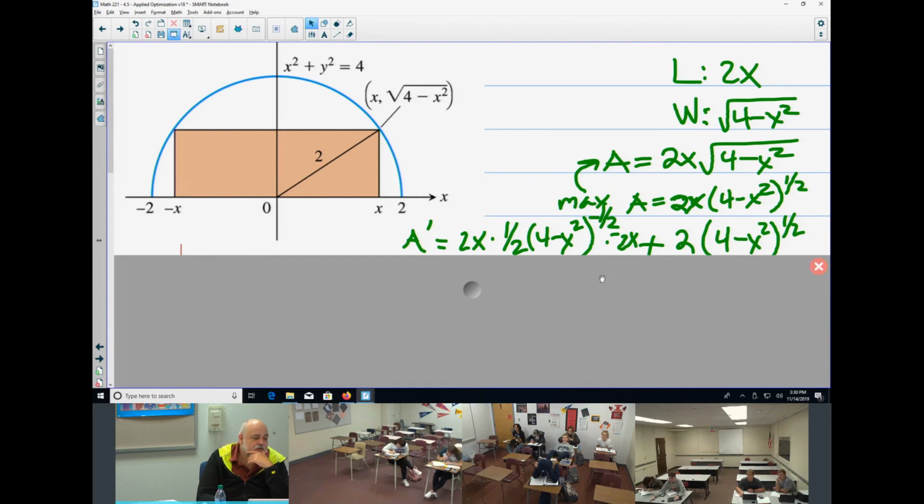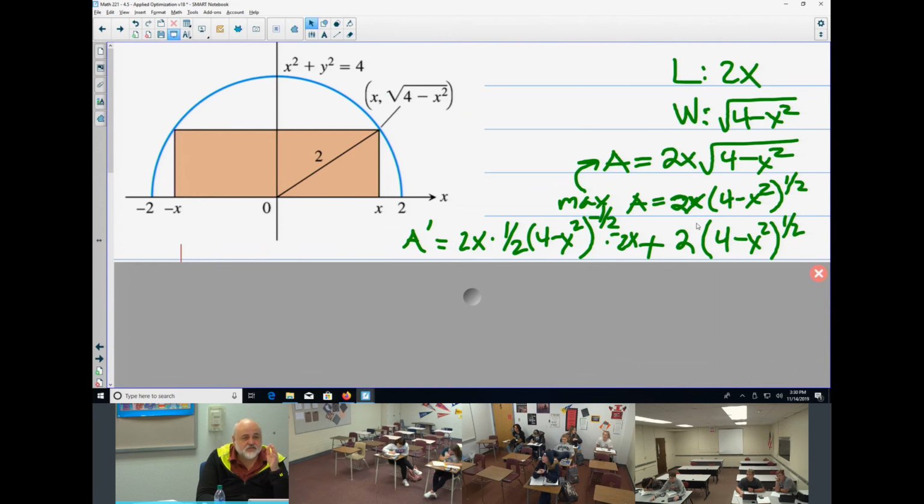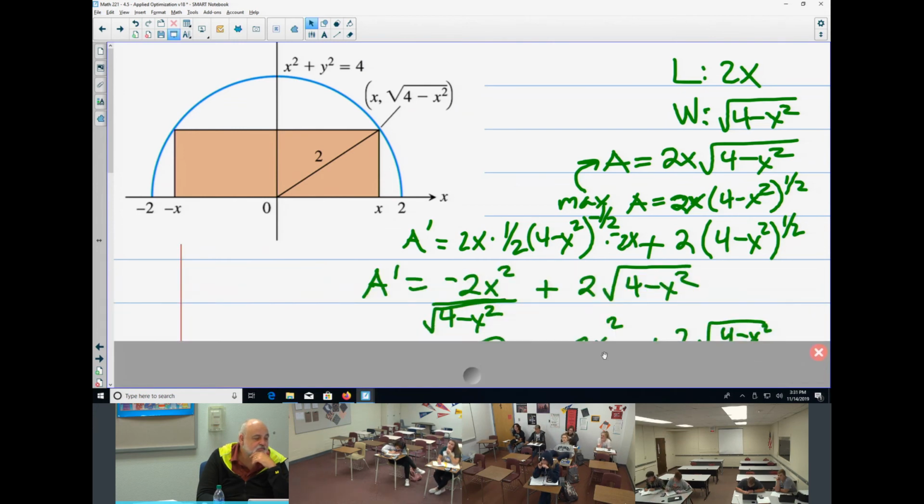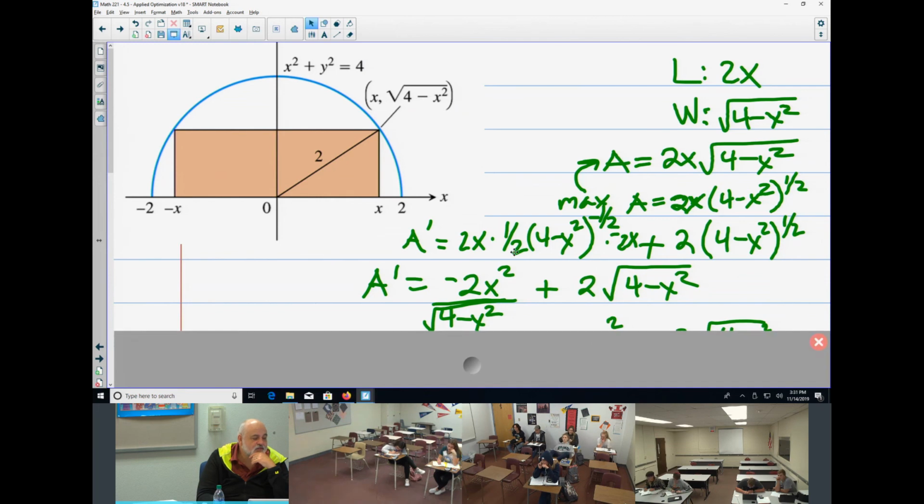All right, mine's just in the opposite order, but that's okay. It doesn't matter. So 2 times (4 - x squared) to the 1/2 plus 2x times 1/2, (4 - x squared) to the negative 1/2 times negative 2x. Now if we clean that up, the 2 and the 1/2 cancel.